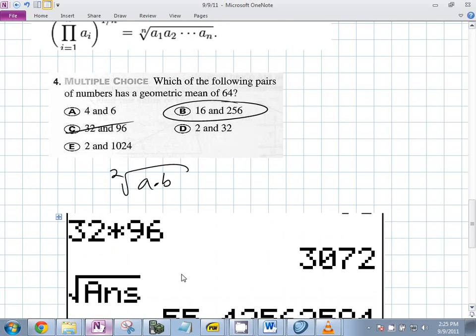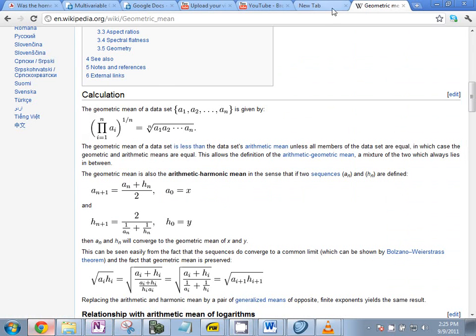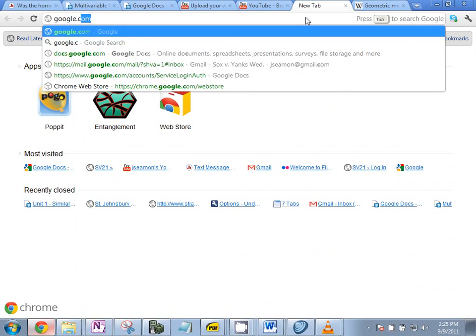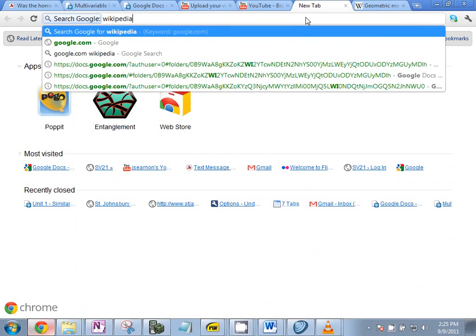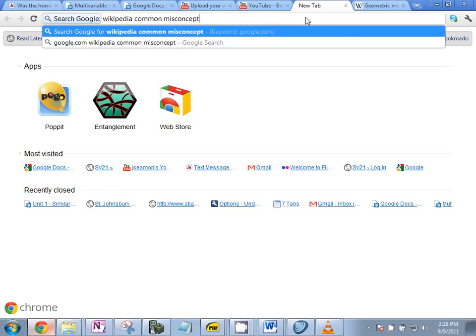Sometimes crowdsourcing doesn't always work. There are common misconceptions. As a side note, and I'll even put this into the recorded notes, there's a great page everybody should read. How many people have read this? The common misconception page on Wikipedia.